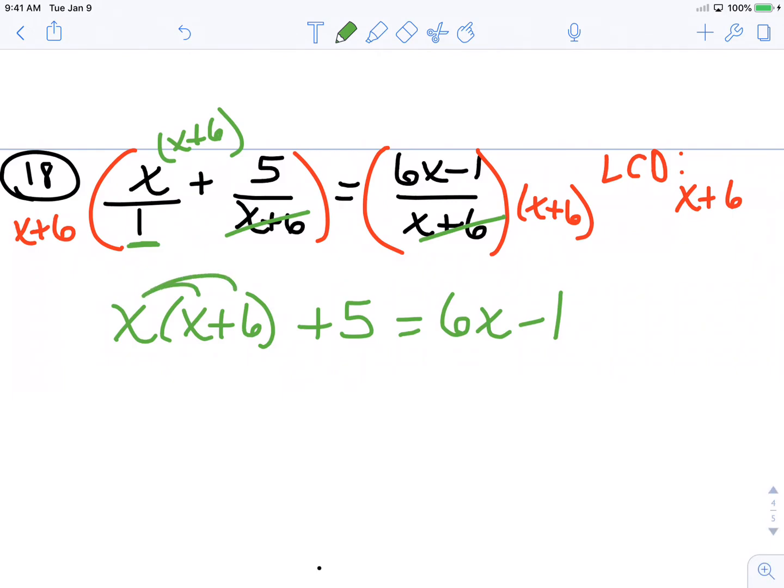And now doing a little bit of algebra, foiling, distributing, and setting equal to 0.